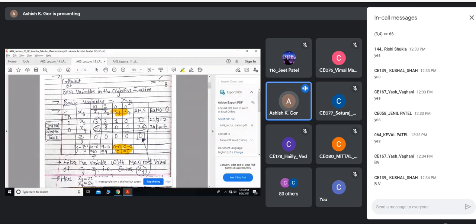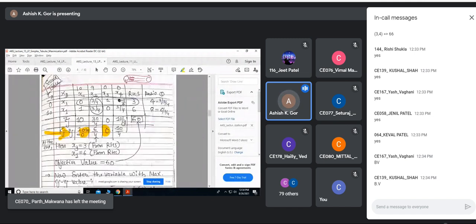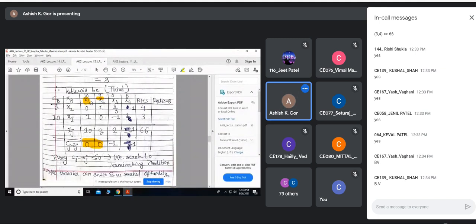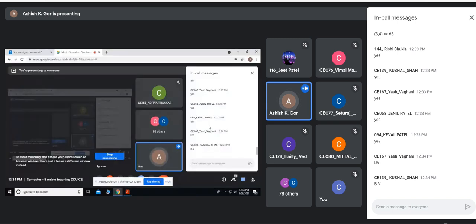So have you noticed something? In the first table it is 0 at x3, x4. In the second table, it is 0 at x1, x3. And in the last table, the third table, it is 0 at x1, x2. Yes, very good observation: under basic variables, Cj minus Zj becomes 0.